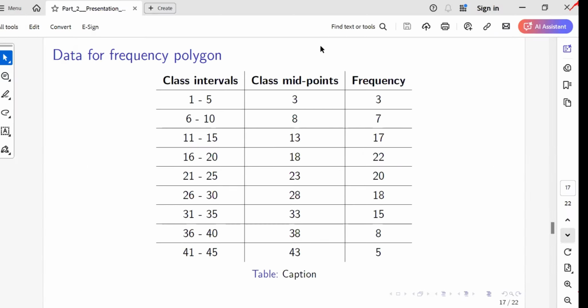The next one is the frequency polygon. In drawing your frequency polygon, once again, you may be given a grouped table. But for a frequency polygon, you will not be using class boundaries. You'll be using class midpoints. So there's a different chart and a different kind of information that you need to draw your chart.